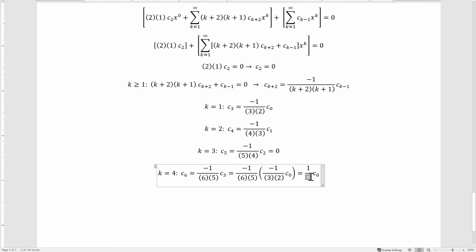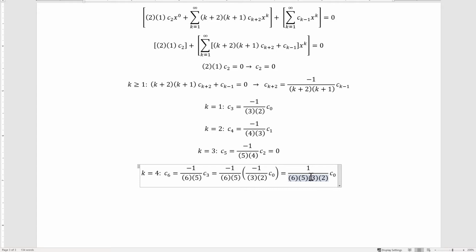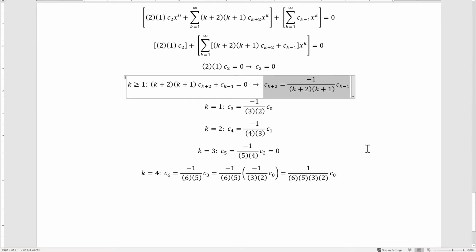So it's just going to be 6 times 5 times 3 times 2. So it's not quite a factorial. We can force it to look like a factorial by multiplying by 4 over 4 if we want, but let's just keep it like this for now. All right, we have c sub 6.